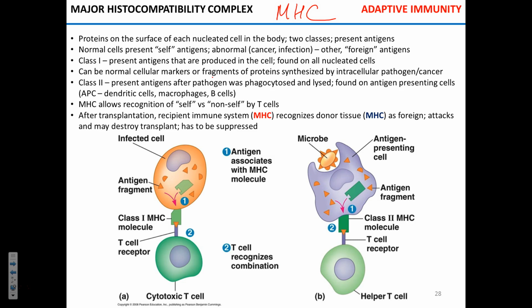This MHC is the group of proteins that determine foreign or self for T cells. Because as I mentioned before, T cells cannot simply recognize the pathogen. They need to be presented with a pathogen.